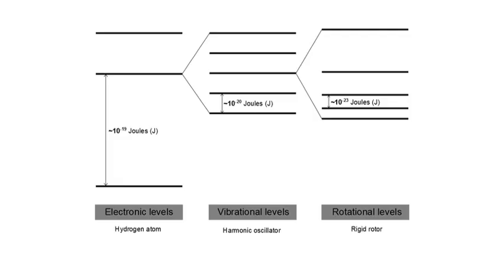As shown here, there is a difference in energies of these spectra. The first one is electronic levels, in the middle vibrational levels, and then on the right rotational levels. Electronic spectra has the highest energy level difference, and each level has some vibrational levels associated with it.